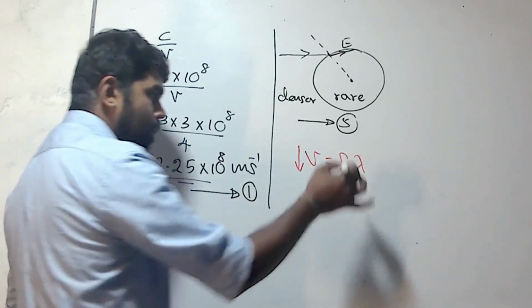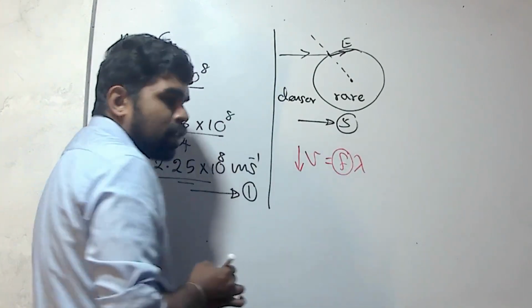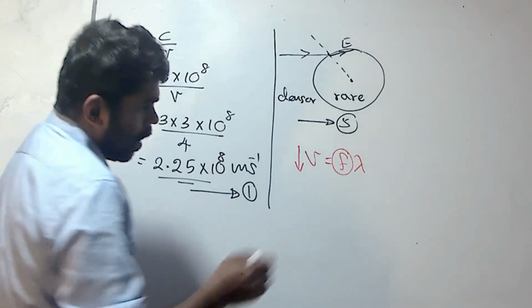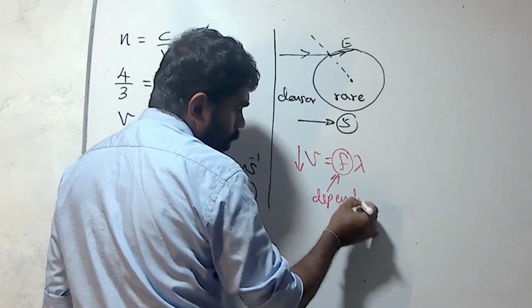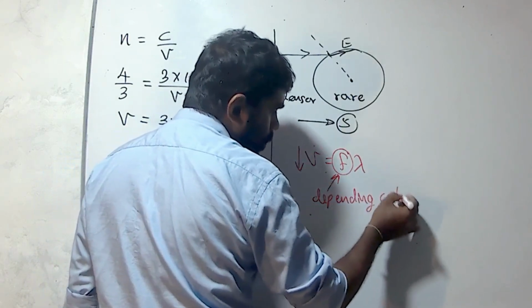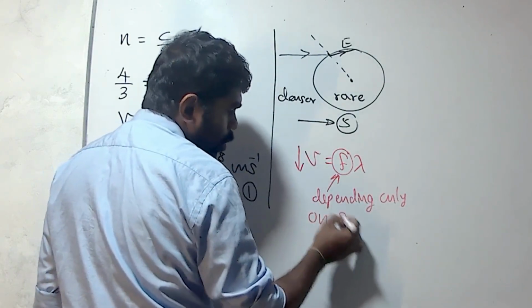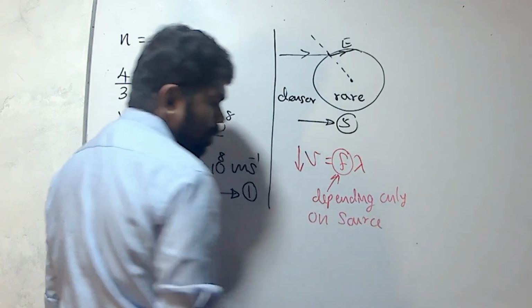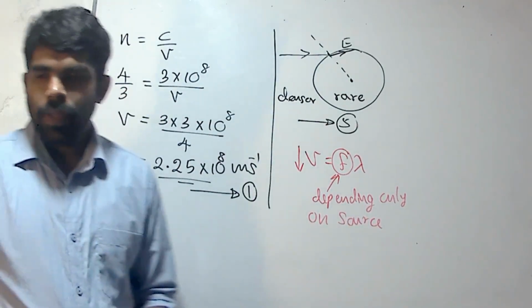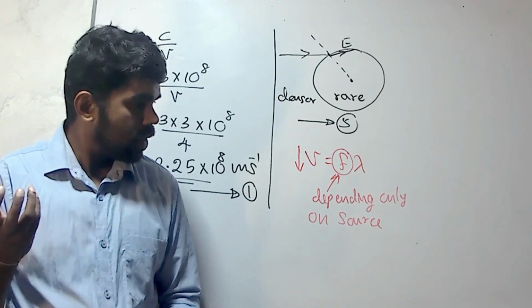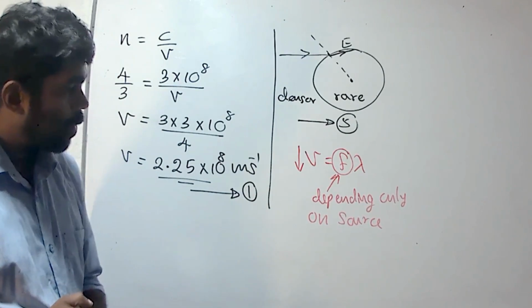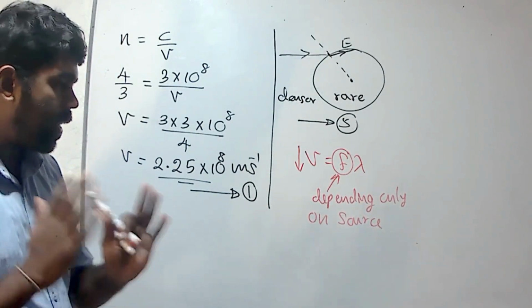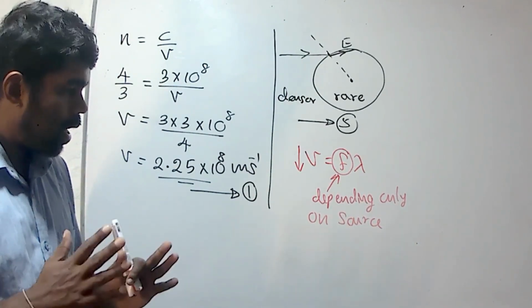But we have to remember, the frequency of any wave depends only on the source. It means the generation of the wave. For any type of wave, frequency depends only on the source.